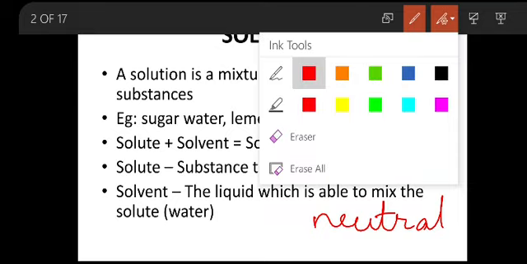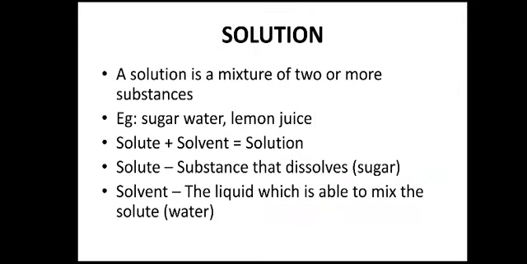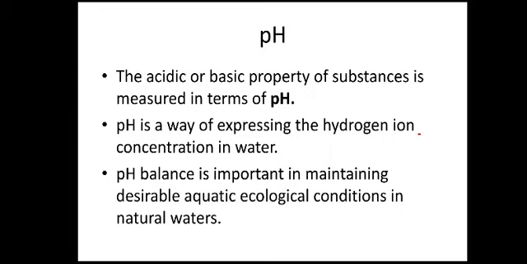For that, we need to know about an important parameter in chemistry, that is pH. When I say solution, it means that the substance present is in its liquid state. For a solution to be prepared, I need water as a major item.